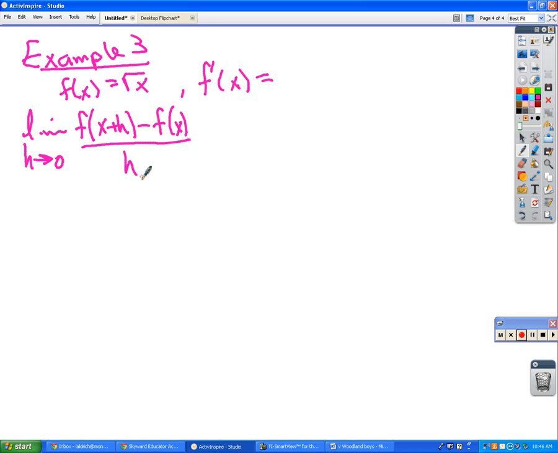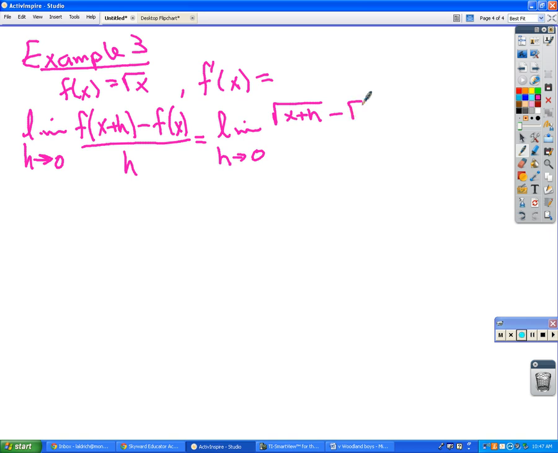Okay? So the nice thing with using the h definition here is that we don't really have to do any algebra to get started, because what is f of x plus h in this case? The square root of x plus h. Minus, what's f of x? The square root of x.